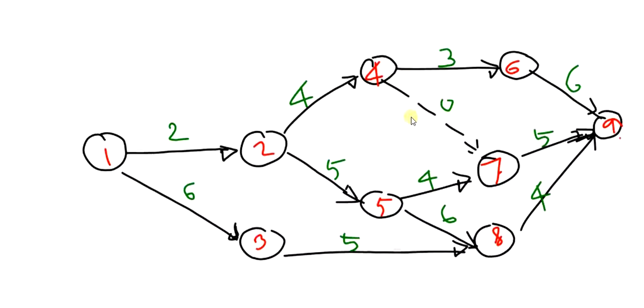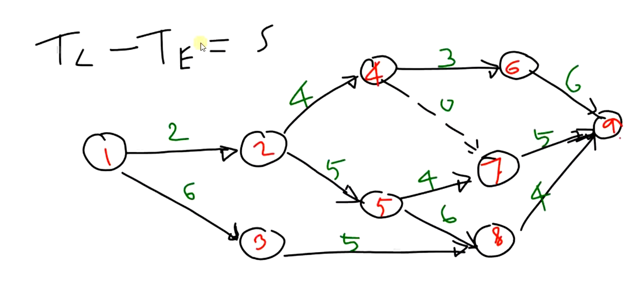To find out the critical path, first we have to see which are the events with zero slack. What is slack? Slack is the difference between the latest occurrence time and the earliest occurrence time of an event. That is, TL, the latest occurrence time, minus TE, the earliest occurrence time, will give you the slack.